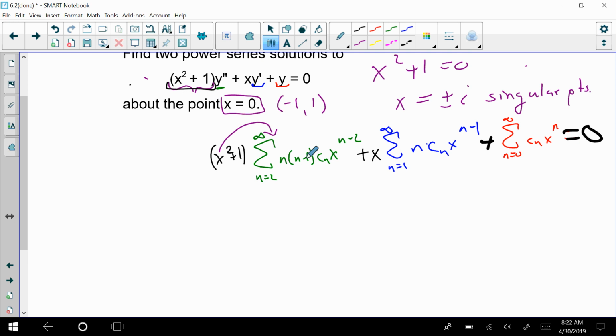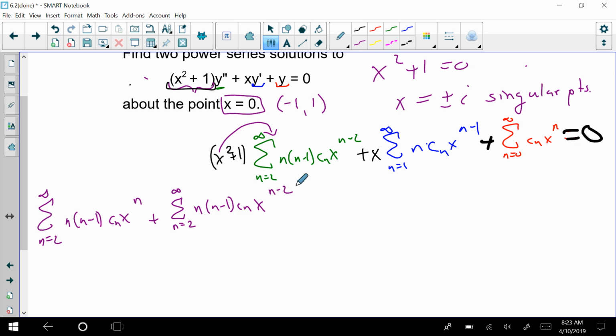If I distribute the x squared, the minus 2 cancels out. So really I have the summation n equals 2 to infinity of n times n minus 1 c sub n x to the n power. Then I have plus 1 times that, so it's just the original thing there in green, which I'm writing out like this.